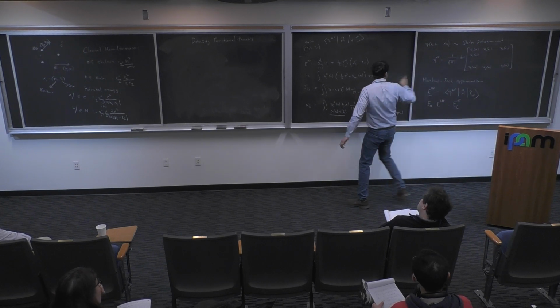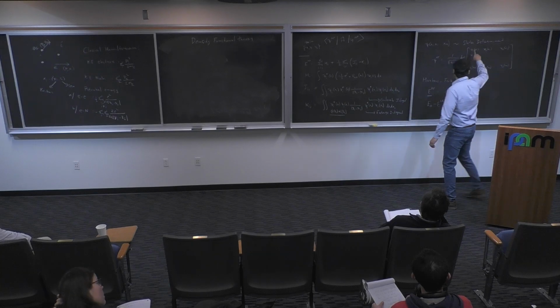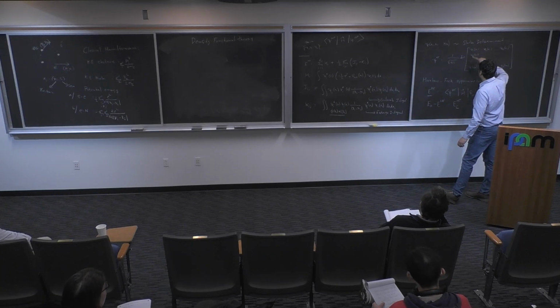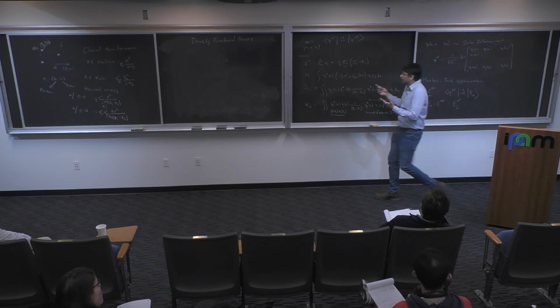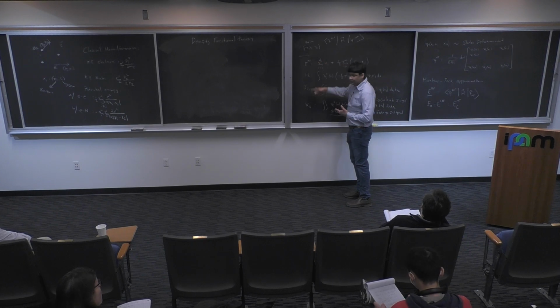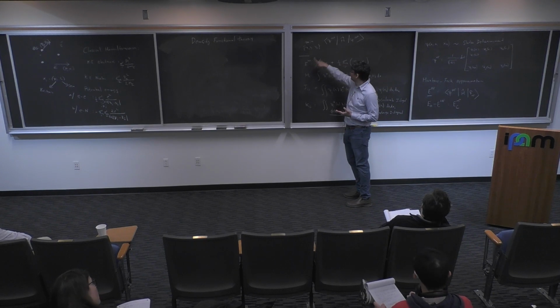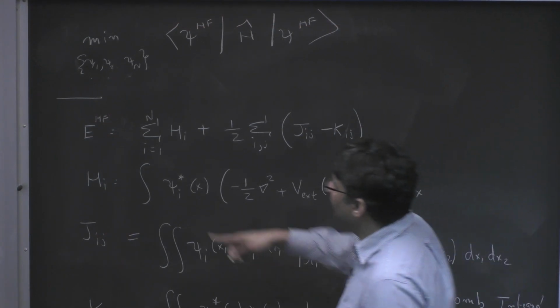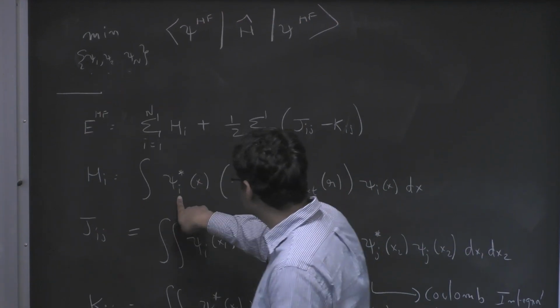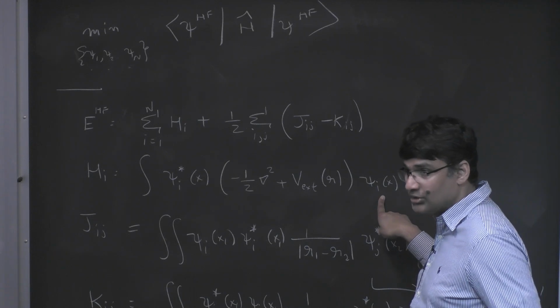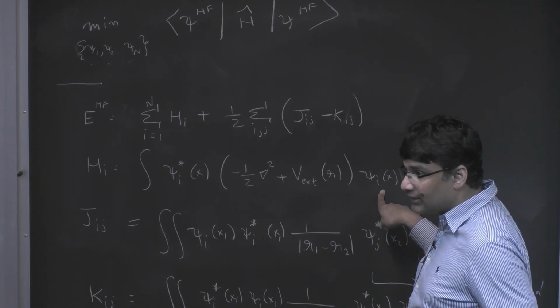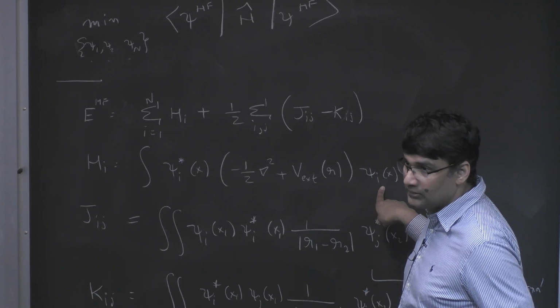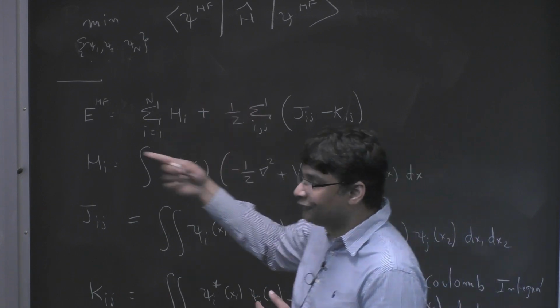If I plug in this particular form in terms of these single electron orbitals, the energy can be written in terms of these psi1 through psi n's as follows. Now we do a minimization over these functions, which are not determined, subject to the constraint that they have to be orthonormal. And that is what gives you the Fock equations.